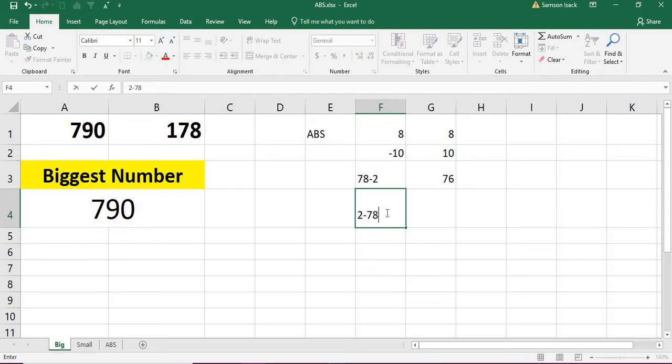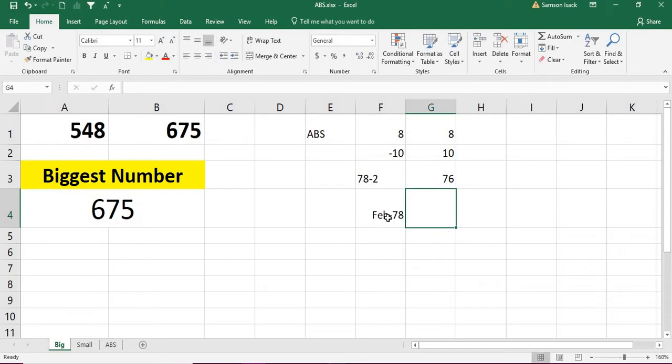Now 2 minus 78, ABS of 2 minus 78 equals 76. See, when the negative comes, then it is positive; it is giving the value without the sign.